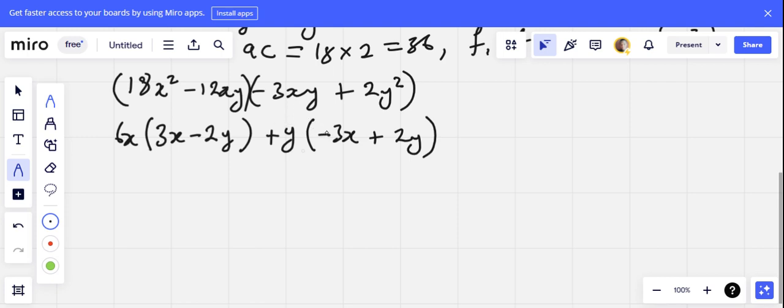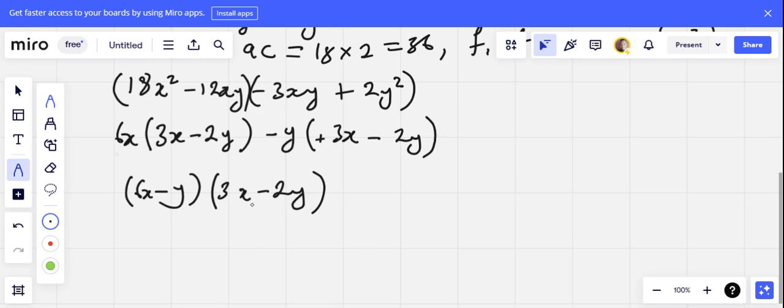Let me correct that, because the expression inside the bracket should be the same. So here I'll factor out minus y, so that what will be left here is positive 3x and then minus 2y. So they look alike. We now have 6x minus y times 3x minus 2y, which is still the same thing.